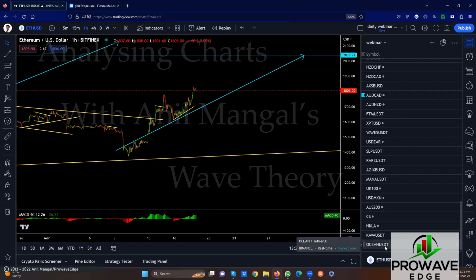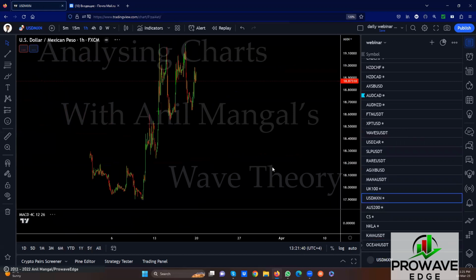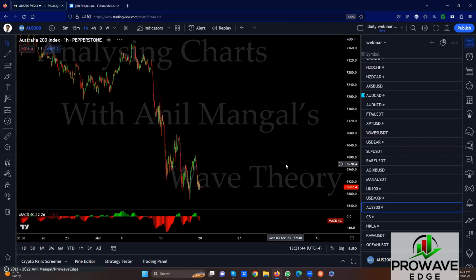Some of them, like this one, Mexican peso, I think 1 trader just asks every day for it. Not a lot of people trade it. Aussie 200, I think there are a few people who trade that, but we still do the analysis for them. Because once you're in a live session, you get to ask for your charts and we do the analysis for you. So if you like what we do, join us.